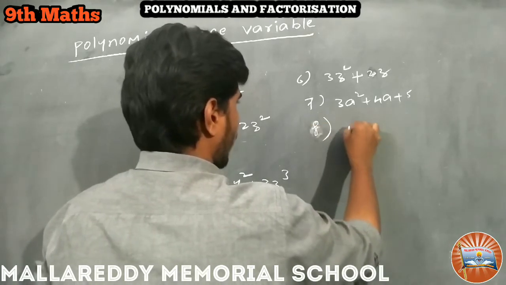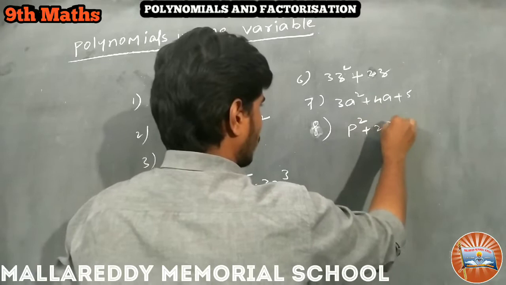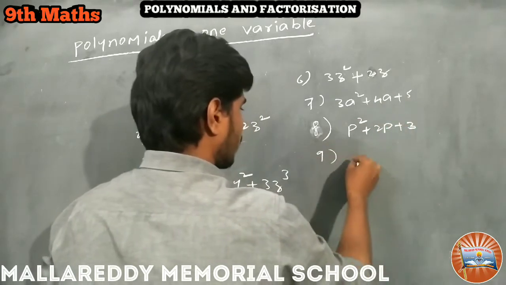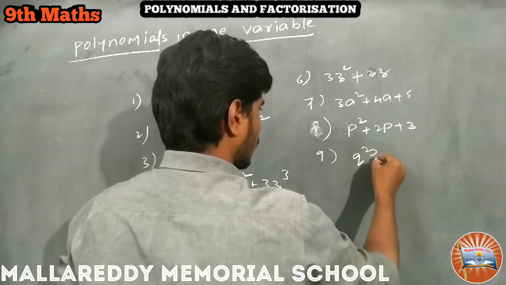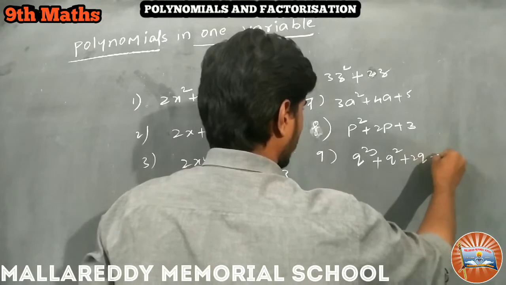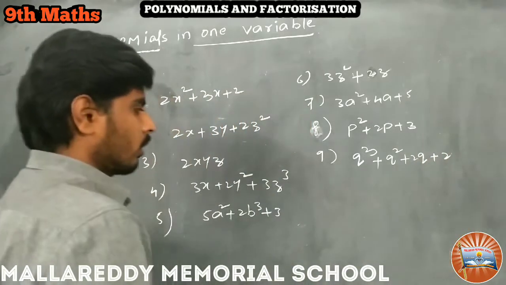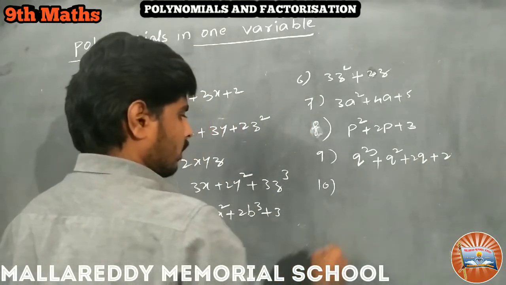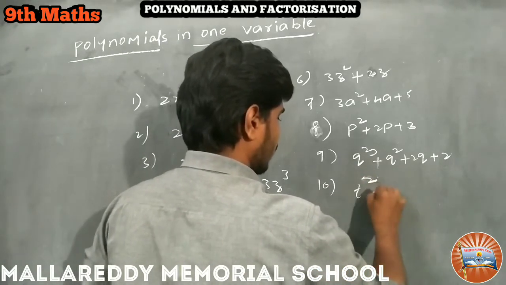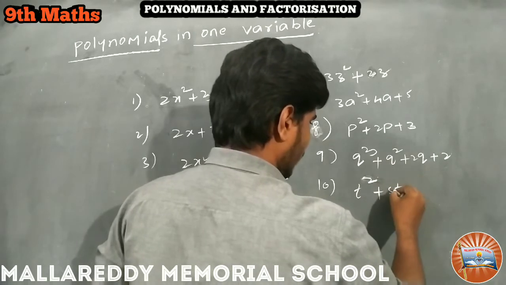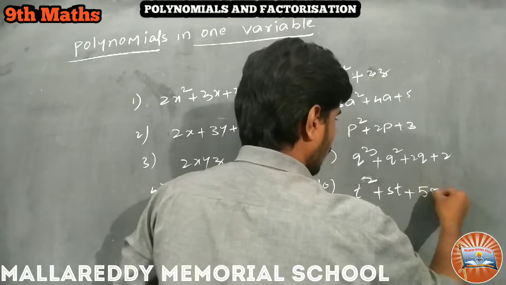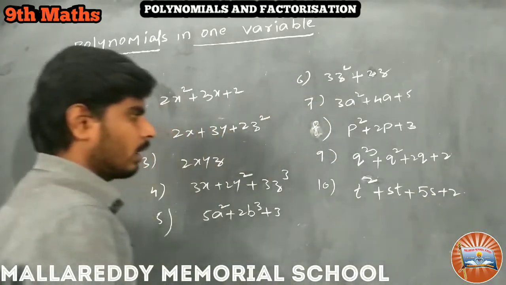Next, p square plus 2p plus 3. q cube plus q square plus 2q plus 2. Next, t square plus st, this is s, okay. Next, 5s plus 2.